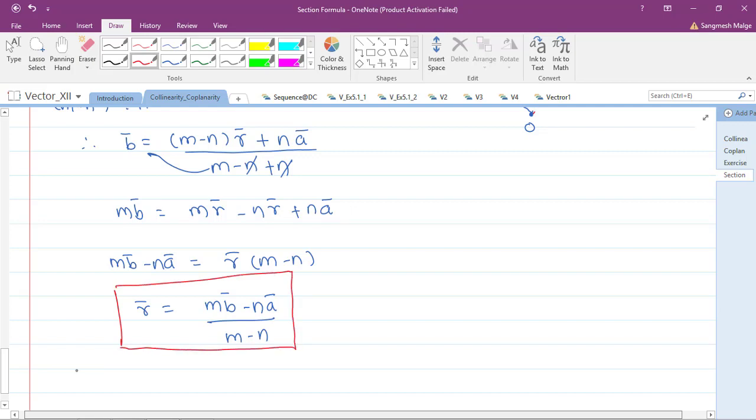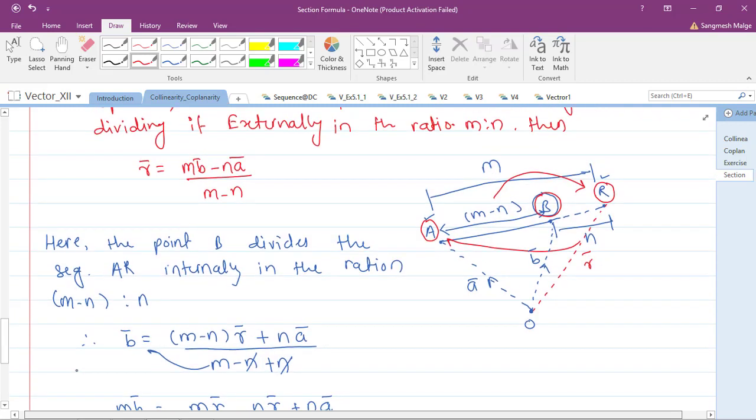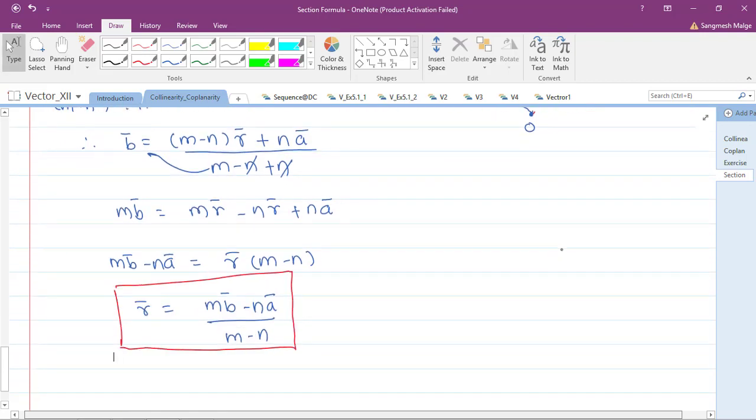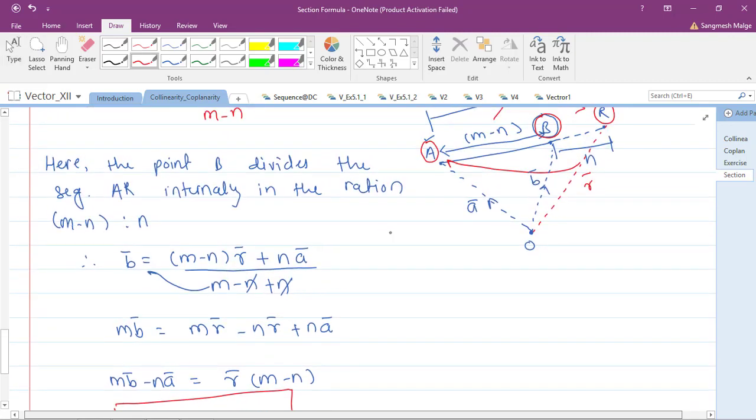So the approach we used here is the indirect approach. Indirectly we are finding the coordinates of this point R, where the point B is dividing the segment AR internally in the ratio M minus N is to N. So we used theorem number 5, which we just proved.